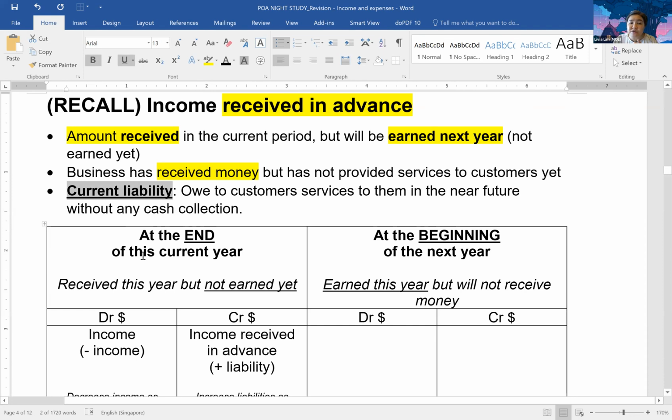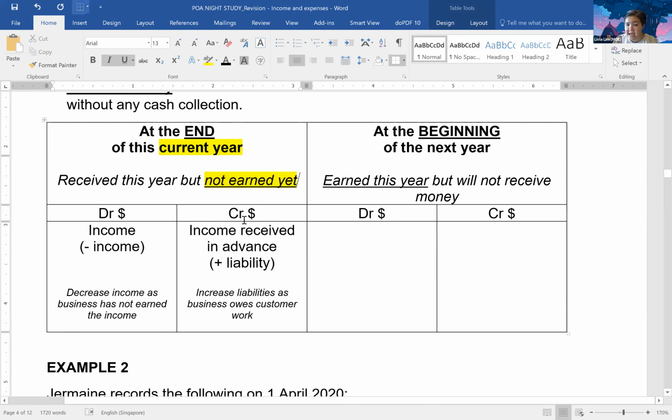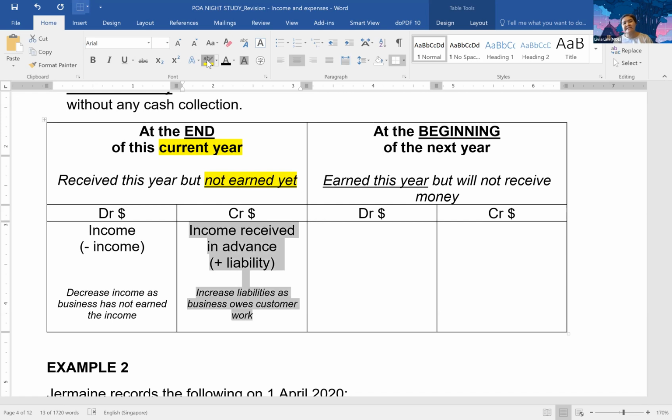So in the year that you take the money, what is the double entry? In that current year, you receive the money already, but you haven't earned it yet. What you need to do is record this service income received in advance, which is a liability.